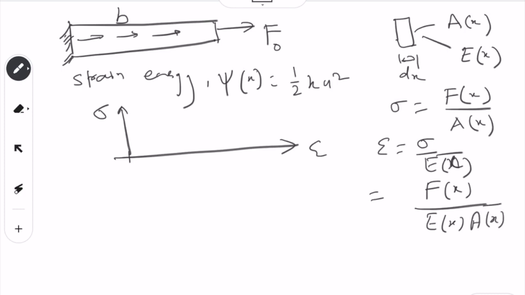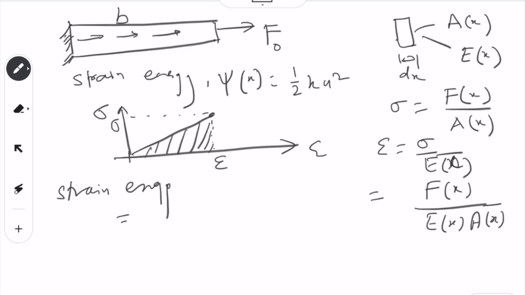Okay. So if we have to find out the strain energy, see here, let us talk about this point. You have the strain, let us say epsilon, and the stress is like this, and the strain energy is this.